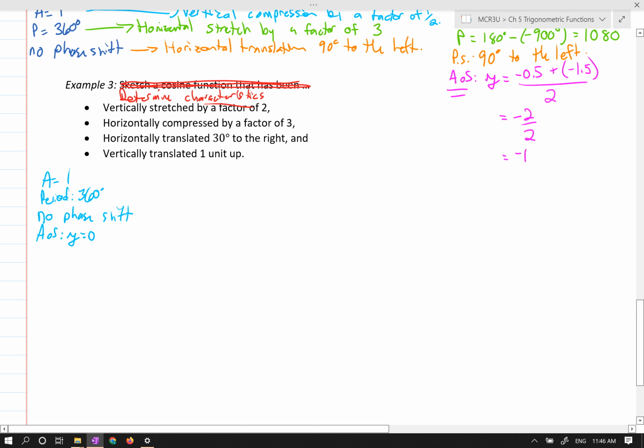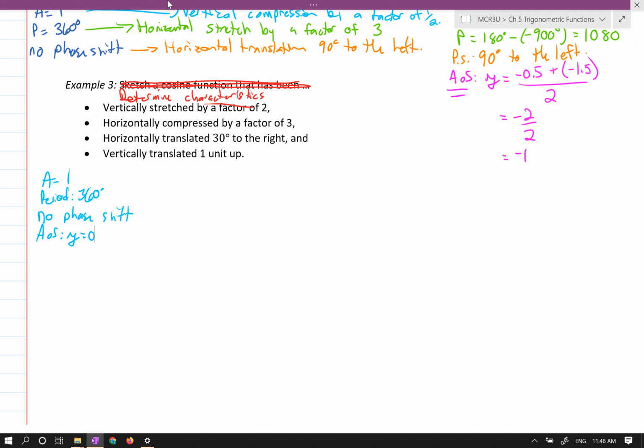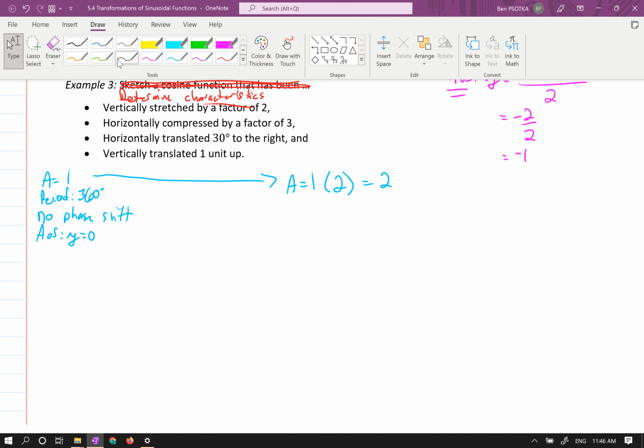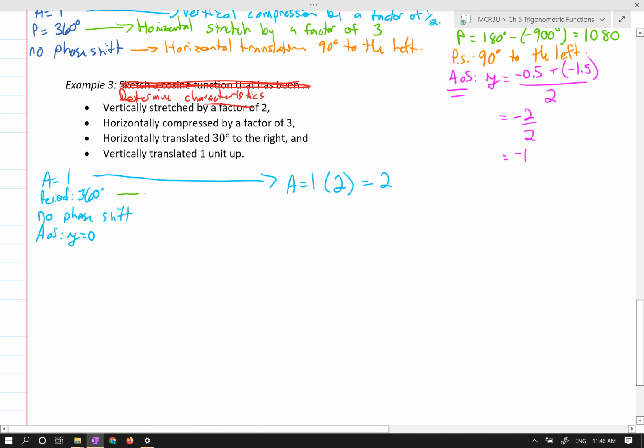Well, now this has been vertically stretched by a factor of 2. And if that's the case, our amplitude that was originally 1 becomes 1 times 2, and that's equal to 2. All right, our period was 360 degrees.